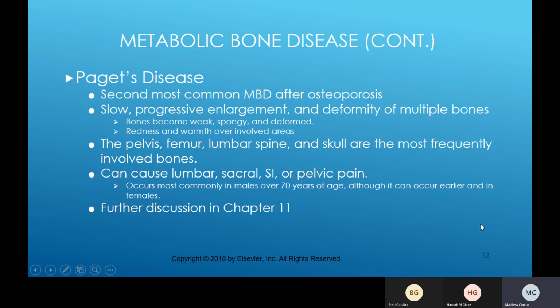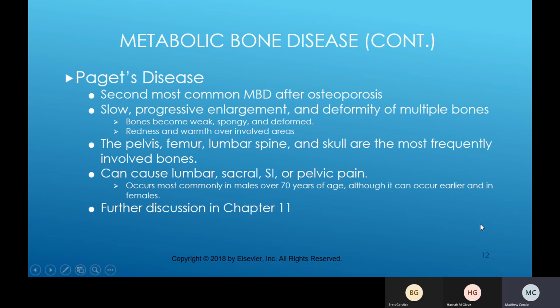Paget's disease is a metabolic disease, okay? So the reason I want to cover something like Paget's disease is because, as you can see, it's number 2 on the list below osteoporosis. Again, what happens is that as the bone starts to go through its recycling process of tearing down and rebuilding, because this is a kind of weird metabolic disease, the bone, number 1, doesn't replace at the same rate as it should.